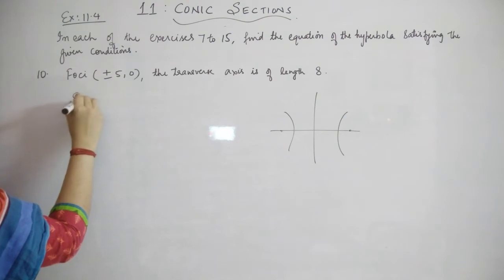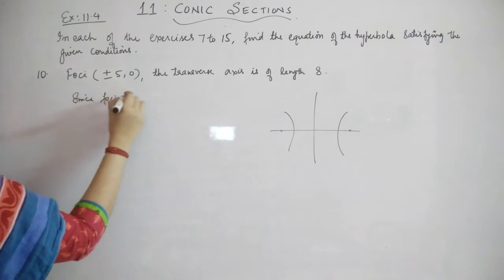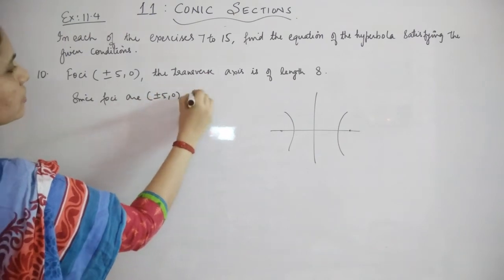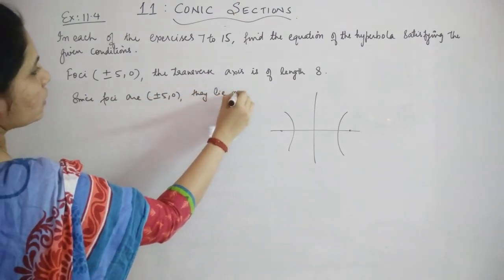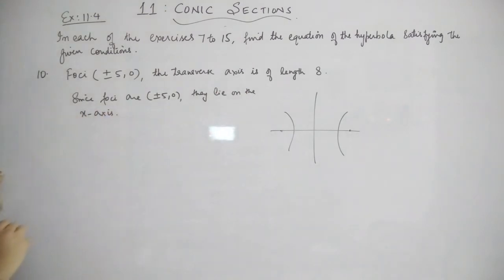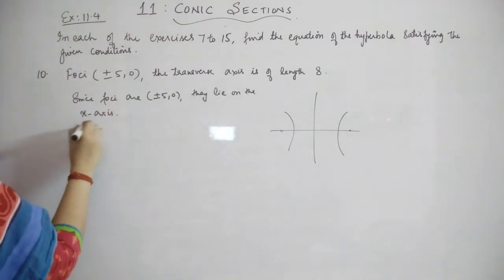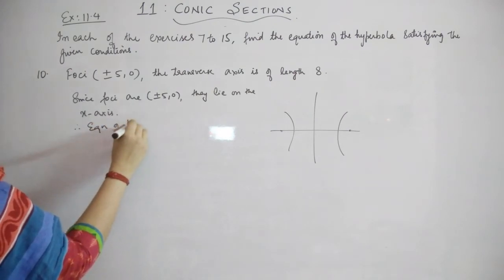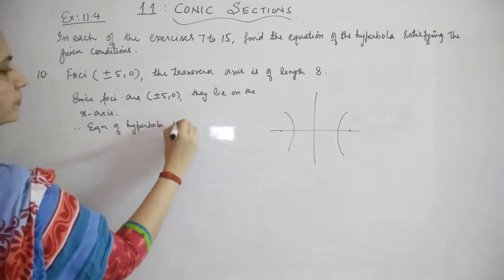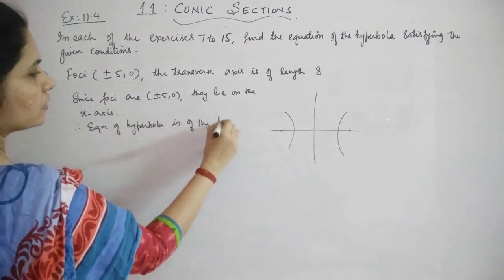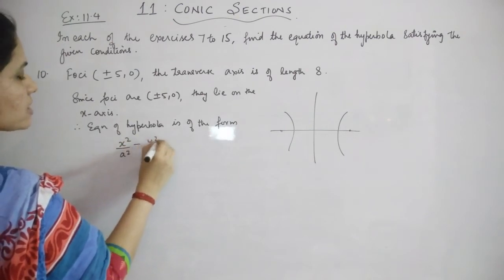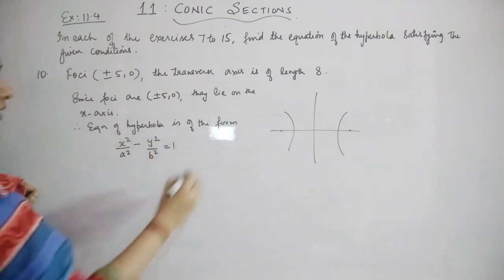Since the foci are plus or minus 5 comma 0, they lie on the x-axis. Therefore, the equation of the hyperbola should be of the form x square by a square minus y square by b square equal to 1.